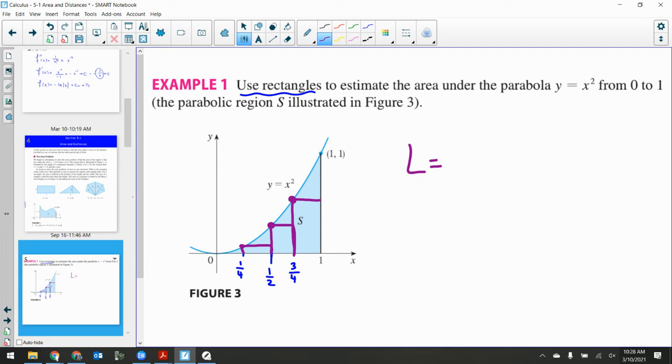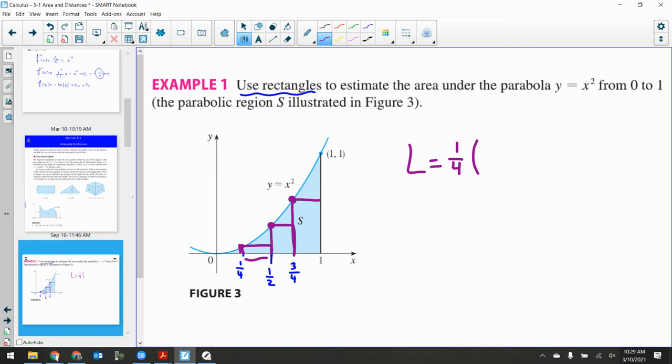Now, let's figure out what the shapes here are. Well, I've got a rectangle, a rectangle, and a rectangle. What's the base of each of these rectangles? 1/4. So it's going to be 1/4 times, well, what's the height of that rectangle? It's this distance in here.